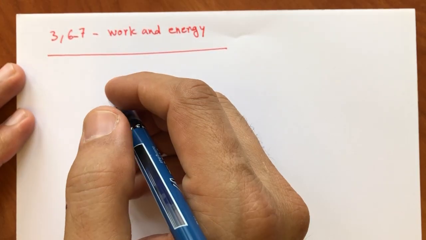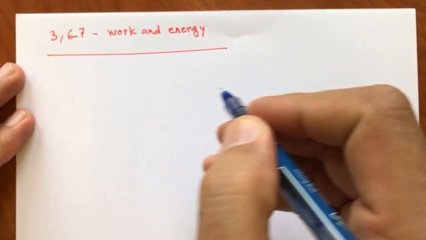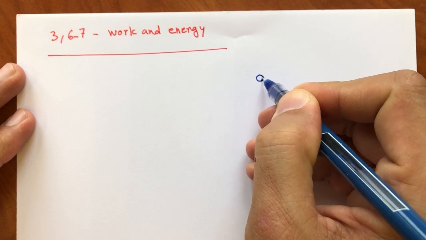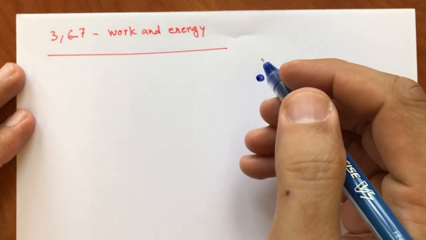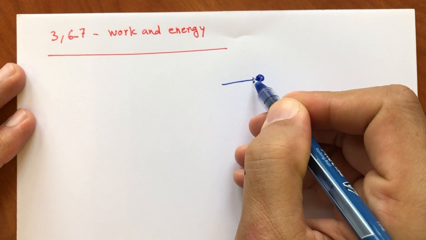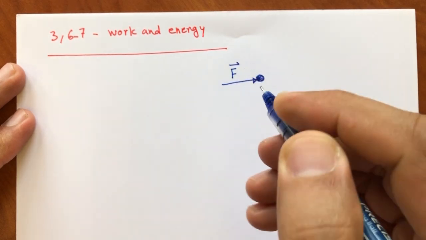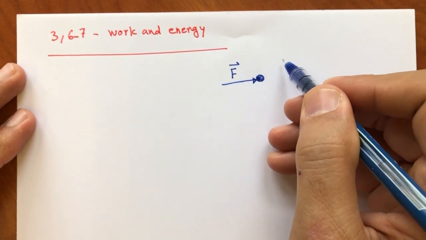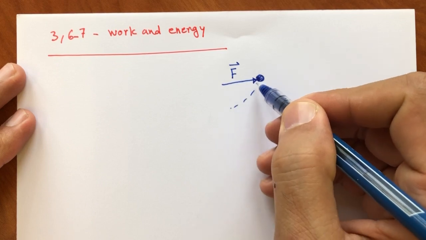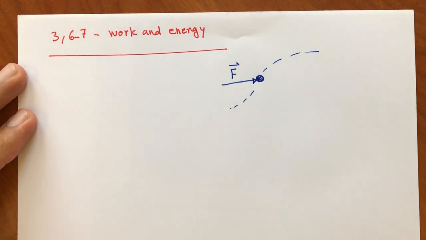Based on the definition of the work, which is just a definition, if we have a force, any force, and let's say we are applying this force to a mass and this mass is moving on a path.